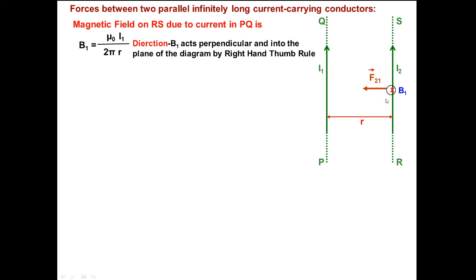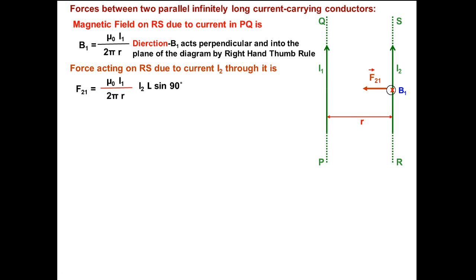It will be given by Ampere's circuital law. B1 equal to mu naught I1 by 2 pi r, and its direction will be perpendicular, into the plane, which we can find by using the right hand thumb rule.